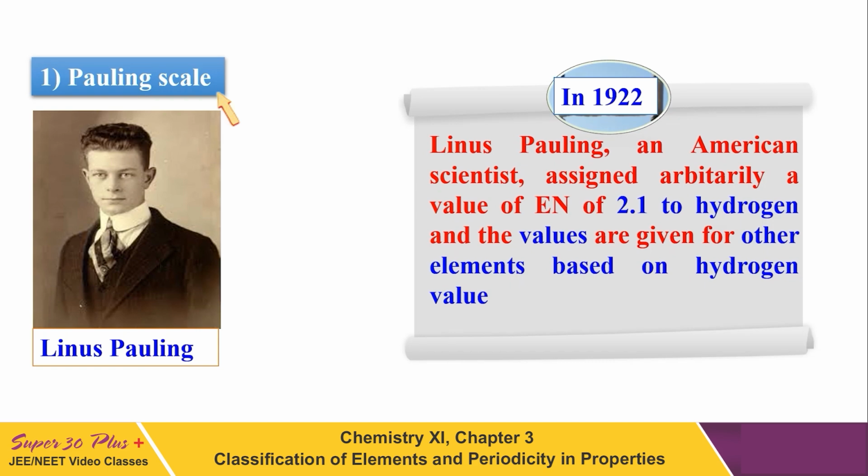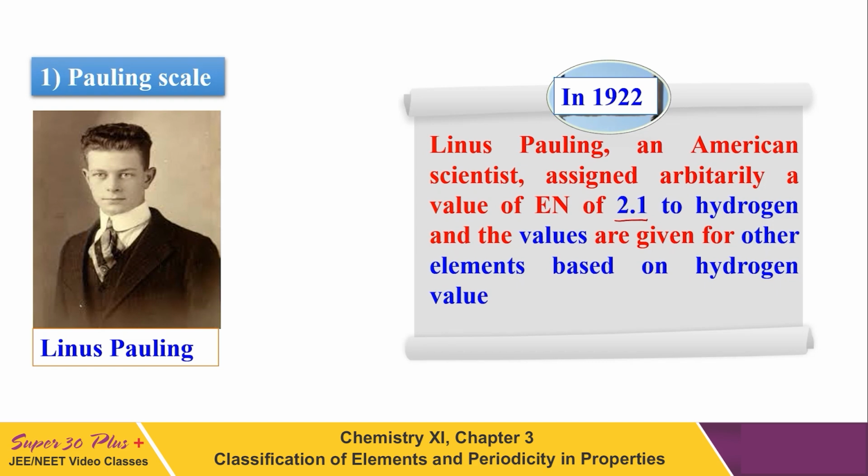It was given by a brilliant scientist, Linus Pauling, an American scientist. He assigned arbitrarily a value of 2.1 to hydrogen. He gave the value of electronegativity to hydrogen as 2.1, and this value was given arbitrarily.